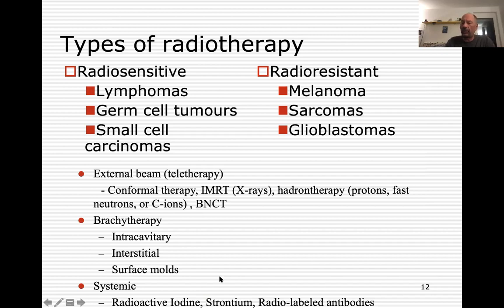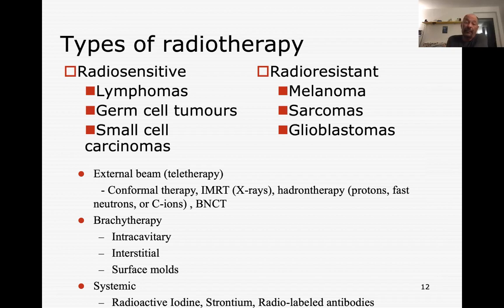We will not touch the systemic radiotherapy. Systemic radiotherapy means that essentially you give a radionuclide and you let the radionuclide go to the target. In most cases, this is done for palliative reasons, to target, like if you use strontium, the bone metastasis.